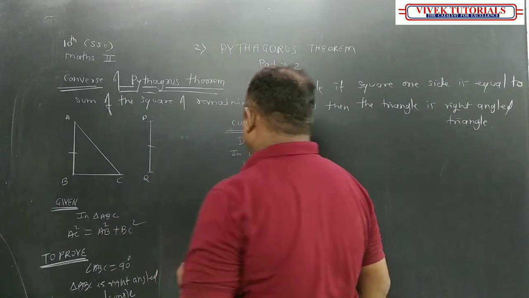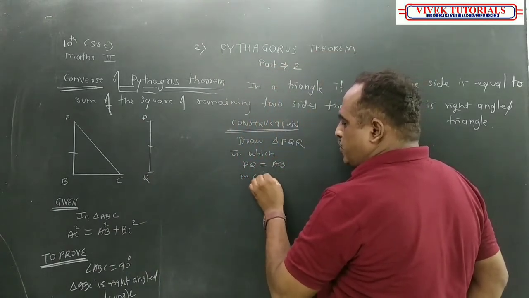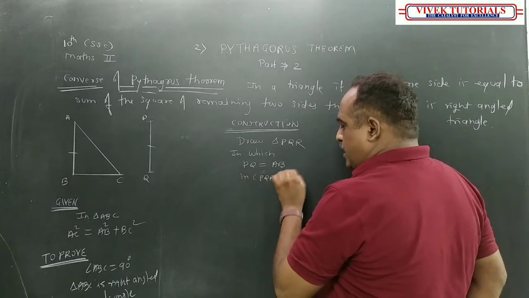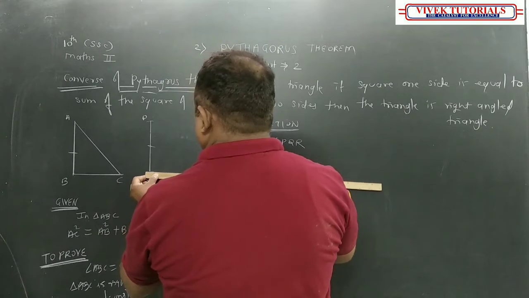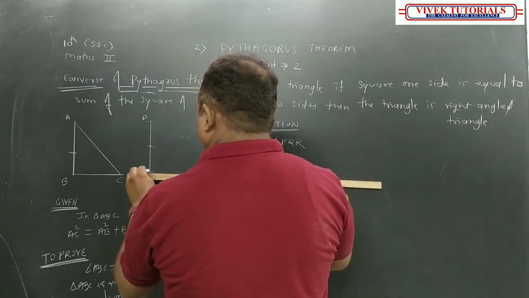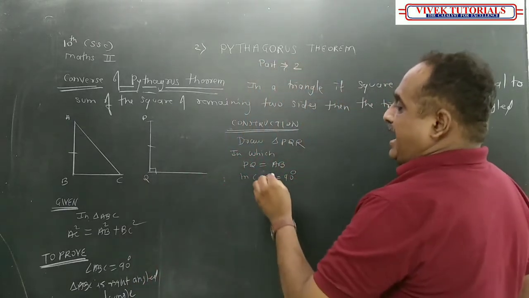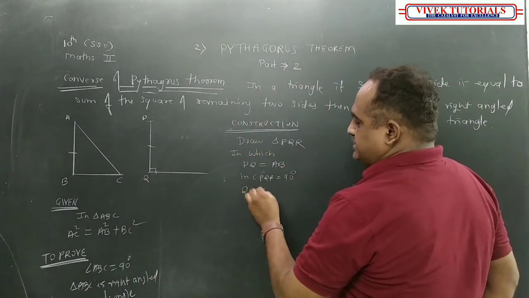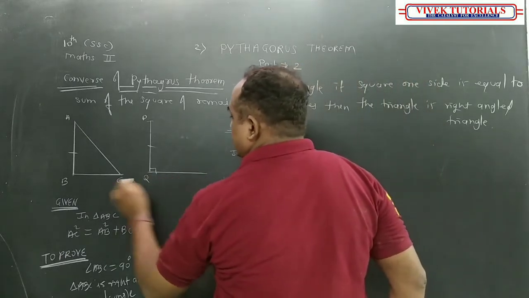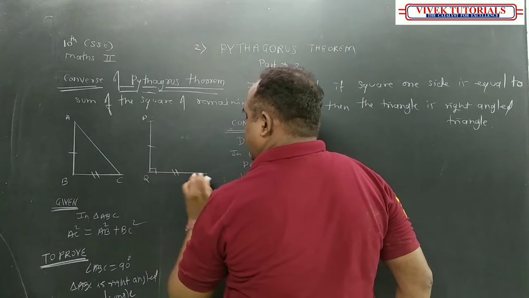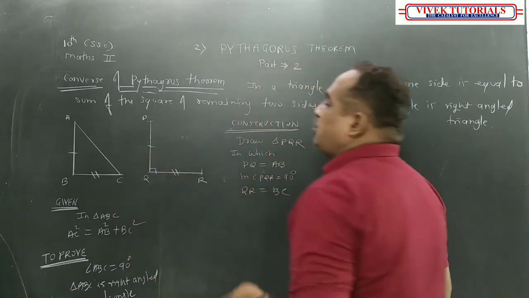ये और ये कॉन्ग्रुएंट हो गया. Measure of angle PQR is equal to 90 degree. ये तो श्योर है कि ये 90 डिग्री होना चाहिए. Okay, and QR is equal to BC. जितना BC है उतना ही QR लेंगे.